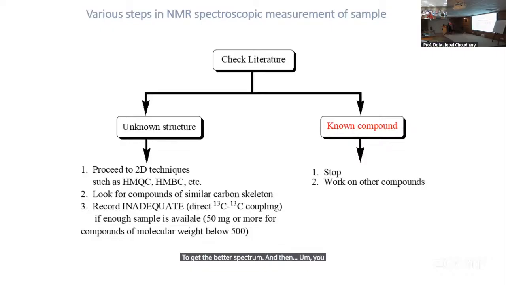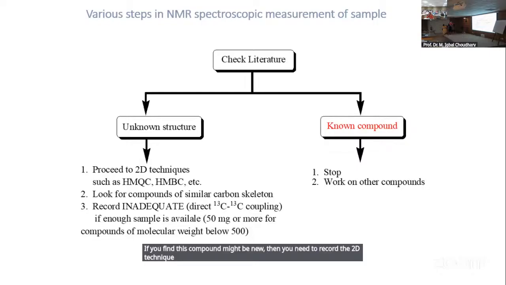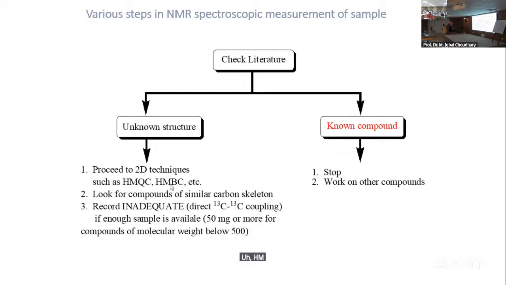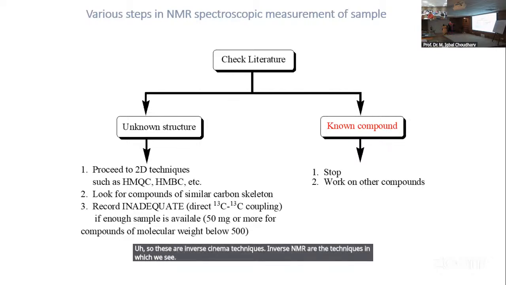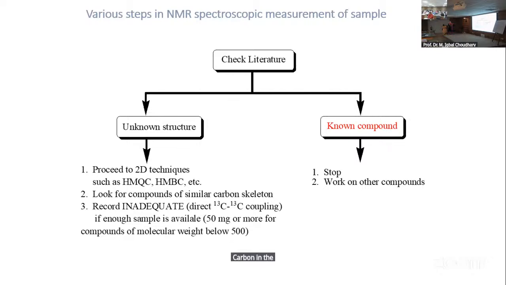If you find the compound might be new, then you need to record 2D techniques such as HMQC, HMBC, HSQC, and these are inverse NMR techniques. Inverse NMR techniques are those in which we see carbon in the mirror of proton.